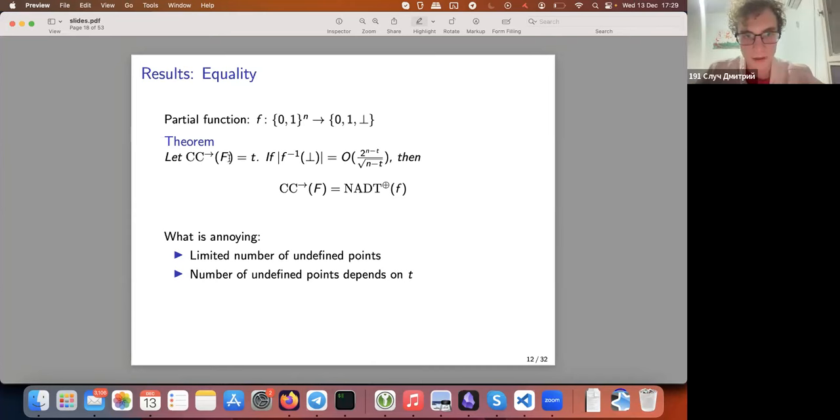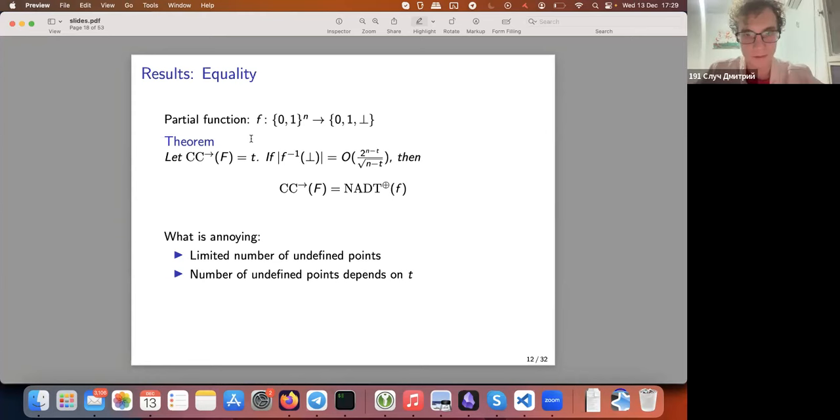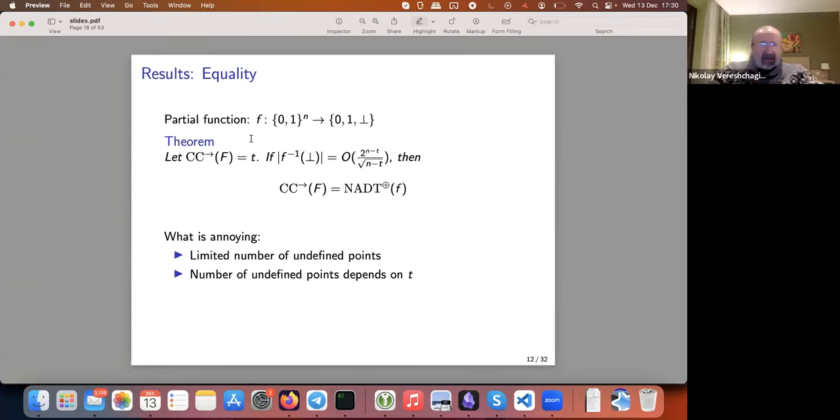Capital F takes two Boolean strings as arguments, XORs them, and passes the result to little f. Just bitwise XOR, yeah. Okay, so you are given that the one-way communication complexity is t. And you are given that F is undefined on a small number of points, right? Yeah.